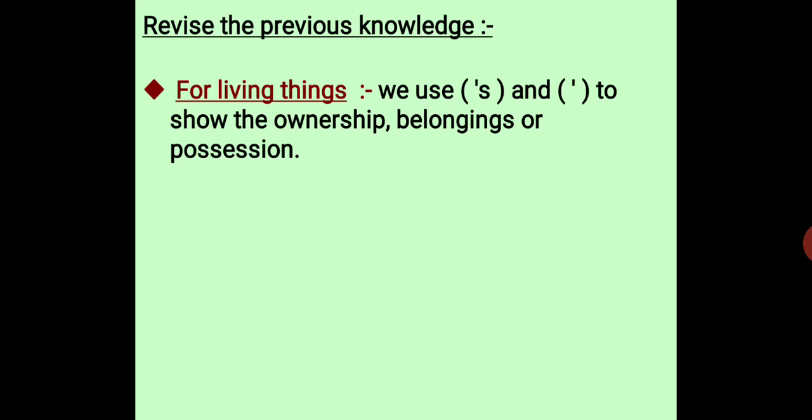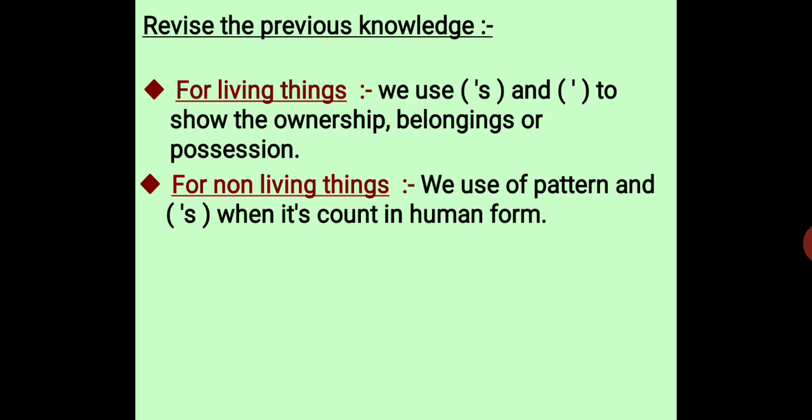For living things, we use apostrophe s and apostrophe to show the ownership, belongings or possessions. For non-living things, we use the "of" pattern, and apostrophe s when it's counted in human form.